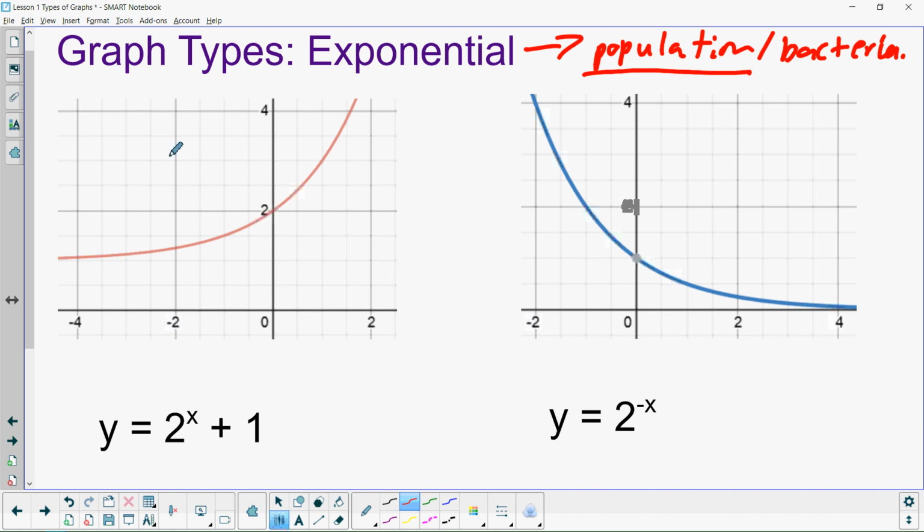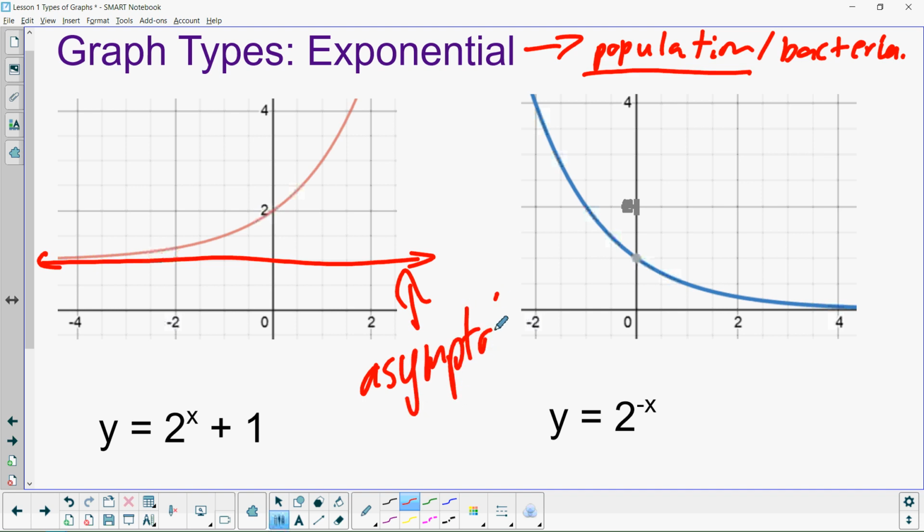Okay. Exponentials are pretty easy to identify because one side of your exponential looks like it's getting really flat. It's getting near what is called an asymptote. And what that means is this is an invisible line. So maybe I should make it dashed so we can tell it's not like a real thing. It's an invisible line that our graph of the function is getting closer and closer and closer to.